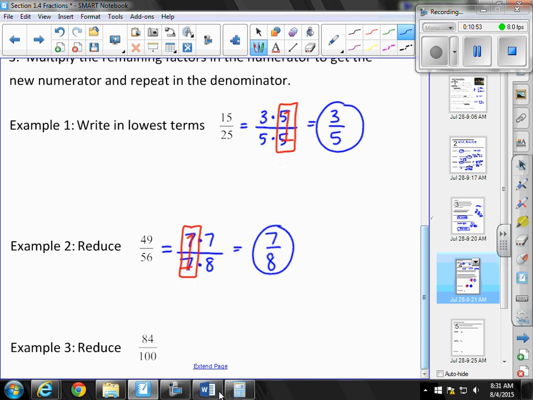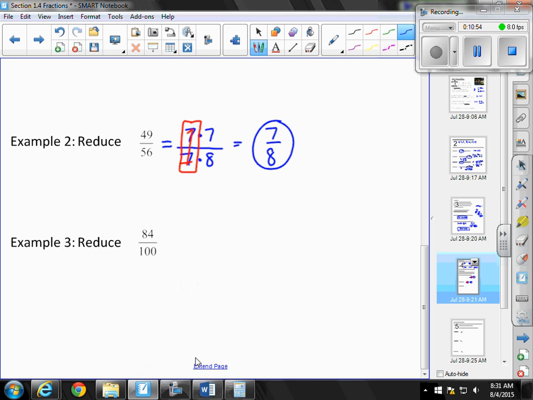And our last example here, 84 divided by 100. Well, I know 84 is even, so it's going to be 2 times 42. 42 is even, so I know I can break 42 down as 2 times 21, and 21 is 3 times 7.